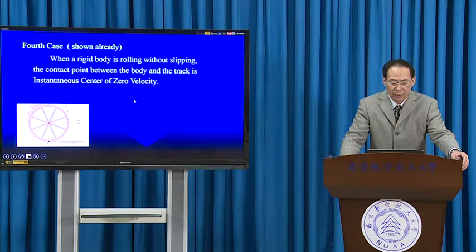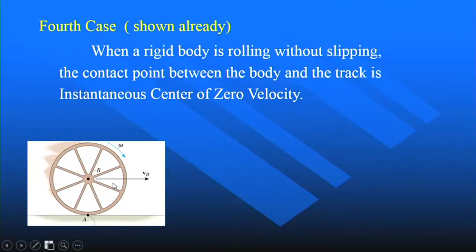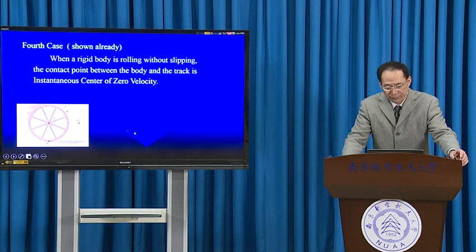This is true because, as we have already analyzed, the ground is at rest. The contact point A on the wheel will have no slip. That means the velocity of A should be 0.